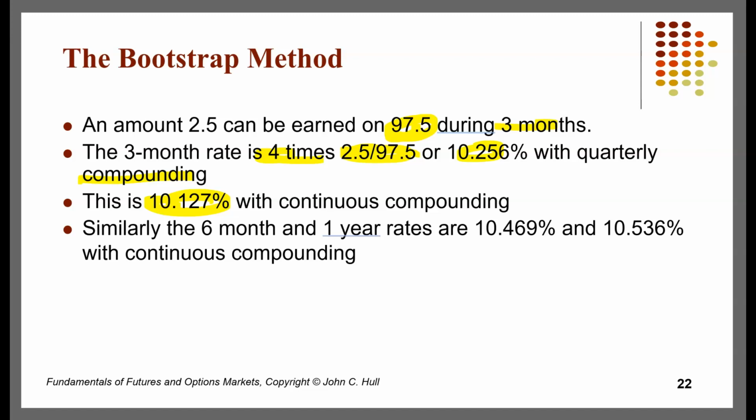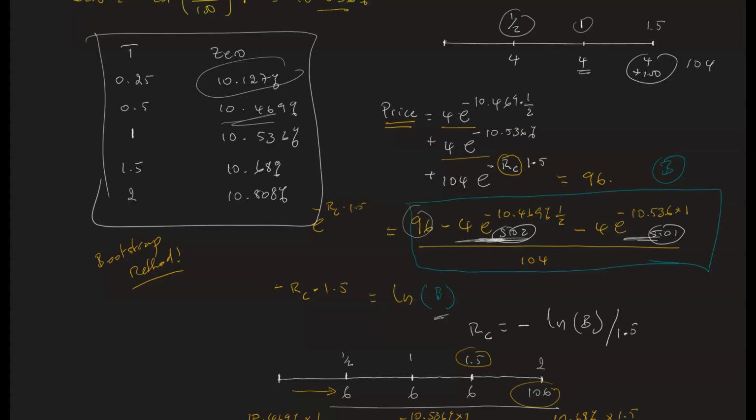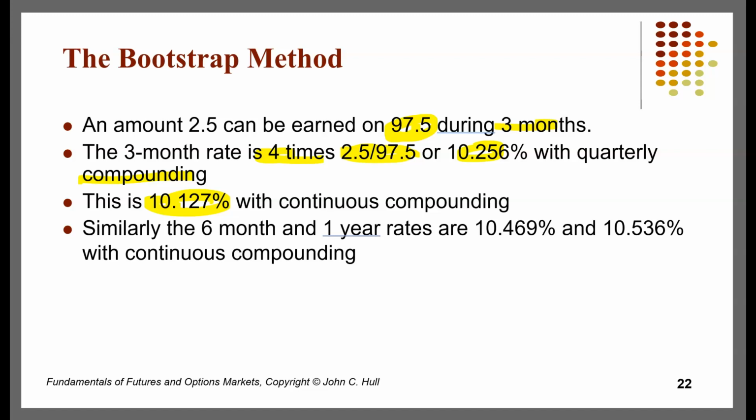That 10.127, if we go back to our curve here, was the 10.127 that we obtained here, right? So what the slide is showing is: find the return on your investment over the period, which gives you the quarterly compounding rate, and then you use that to find the continuously compounded rate.